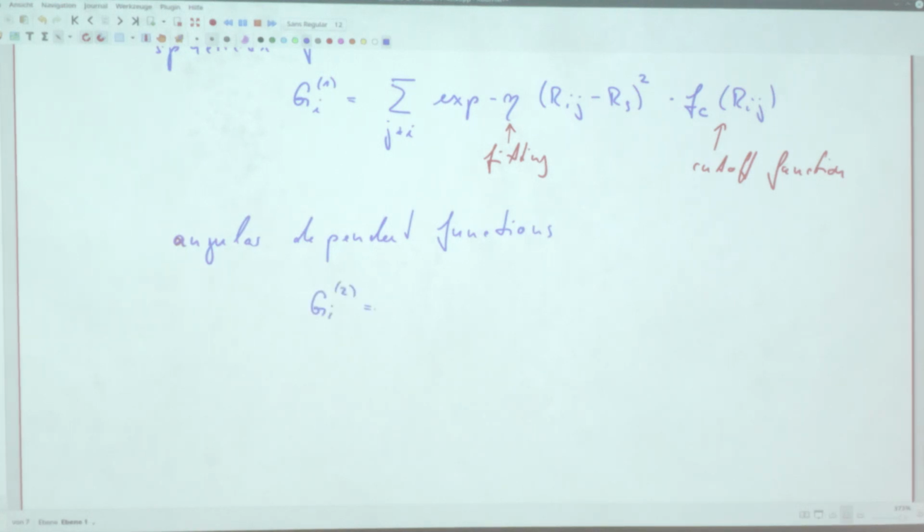Of this type here. So they have a strange normalization factor. And an angle, of course, requires at least 3 atoms.